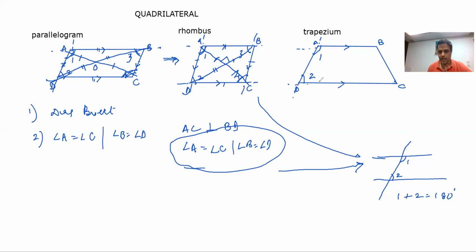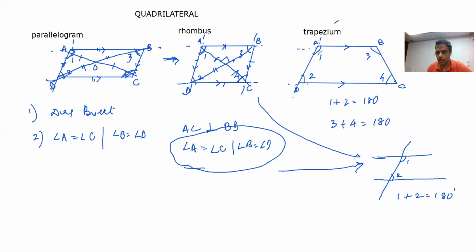Now coming to the trapezium. In trapezium, we just studied that angle 1 plus angle 2 is equal to 180 and angle 3 plus angle 4 is also 180. Now, going by the definition of trapezium, two opposite sides are parallel. That is important.